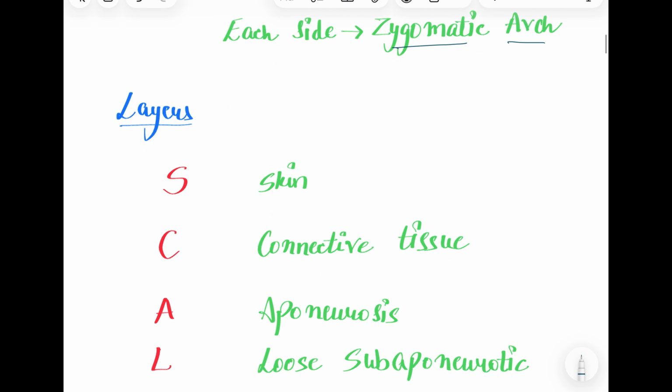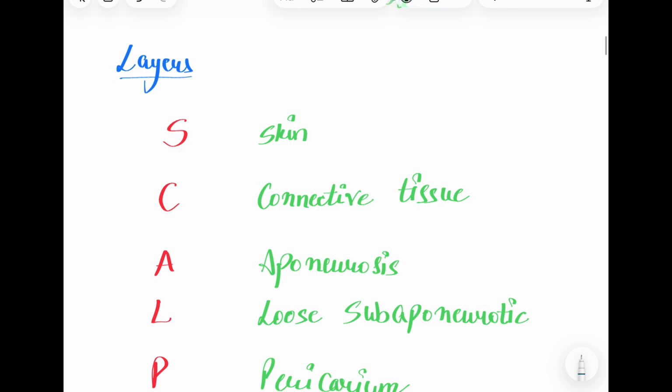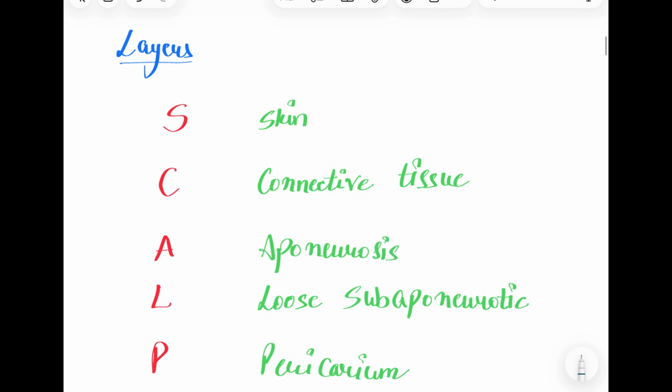Now we will be taking the layers. So for the layers, a very beautiful mnemonic is there, that is the letters of SCALP. S, that is skin. C, which is connective tissue. A is the aponeurosis. L is your loose areolar layer, and P is the pericranium.